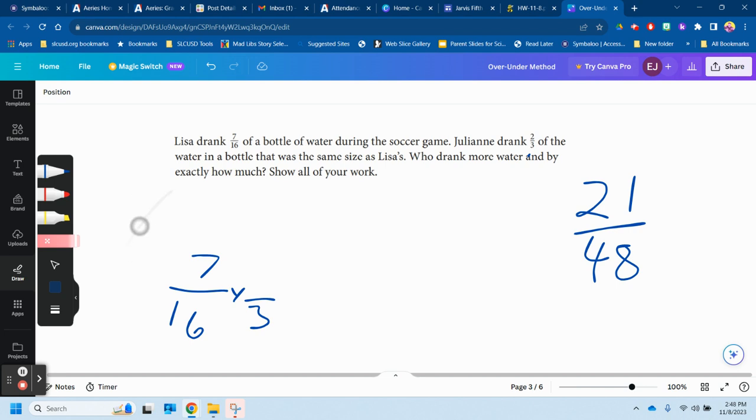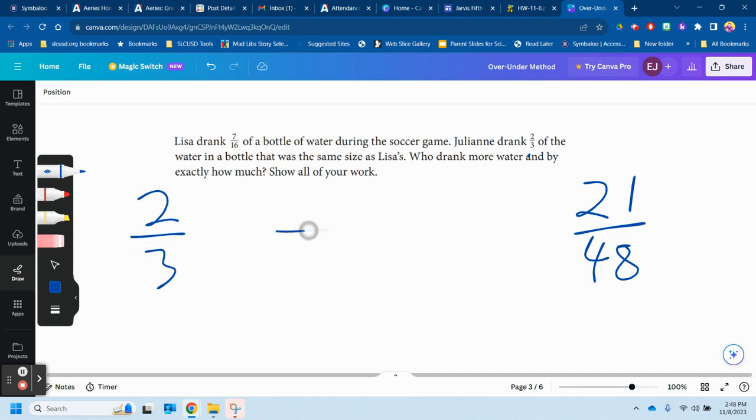All right, now I need to write 2/3 as something over 48. And see, I multiplied it by 16/16ths. 3 times 16 is 48. 2 times 16 is 32.